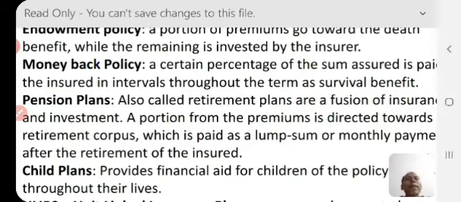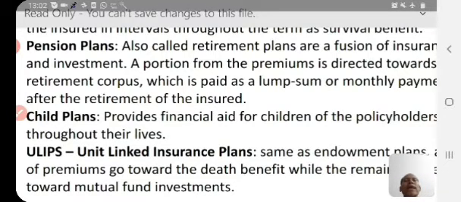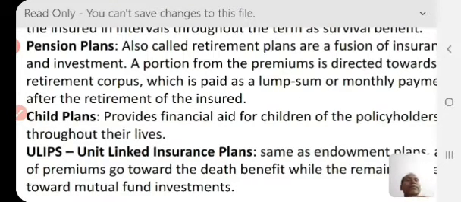Next, pension plans. Also called the retirement plans. This is a fusion of insurance and investment.